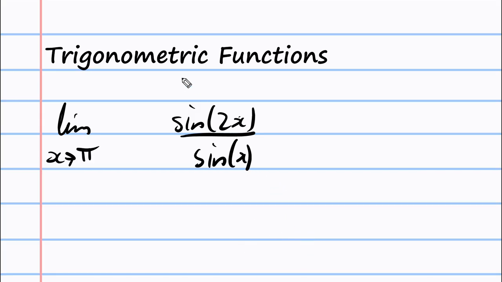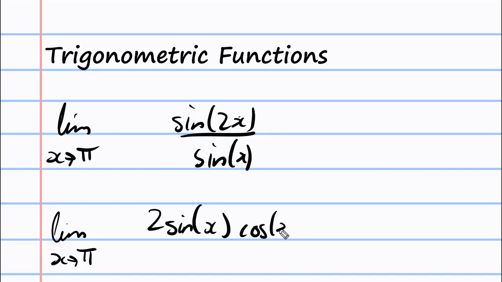So whenever you have trig functions, you always want to consider using identities, okay? Because there's actually an identity for sine of 2x. That's called the double angle identity for sine of 2x. We covered that earlier in this course, where sine of 2x is equivalent to 2 sine of x times cosine of x, right? These two are equivalent.